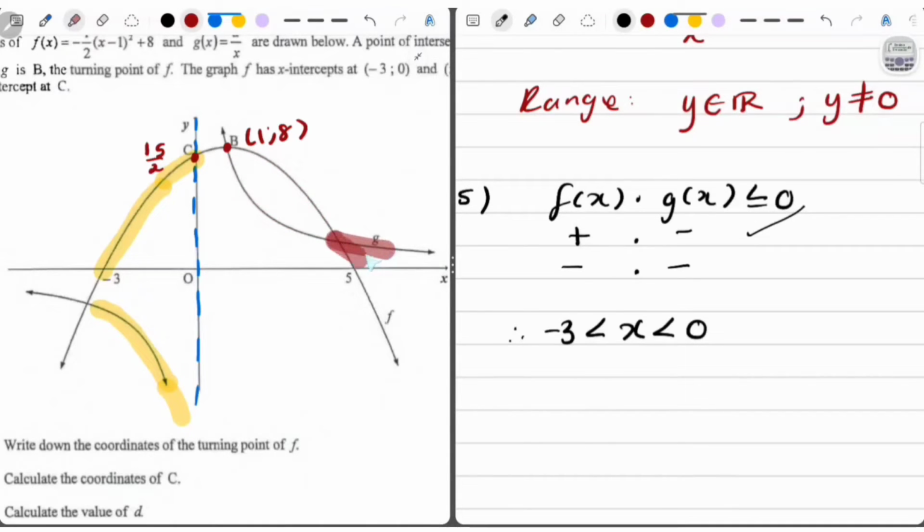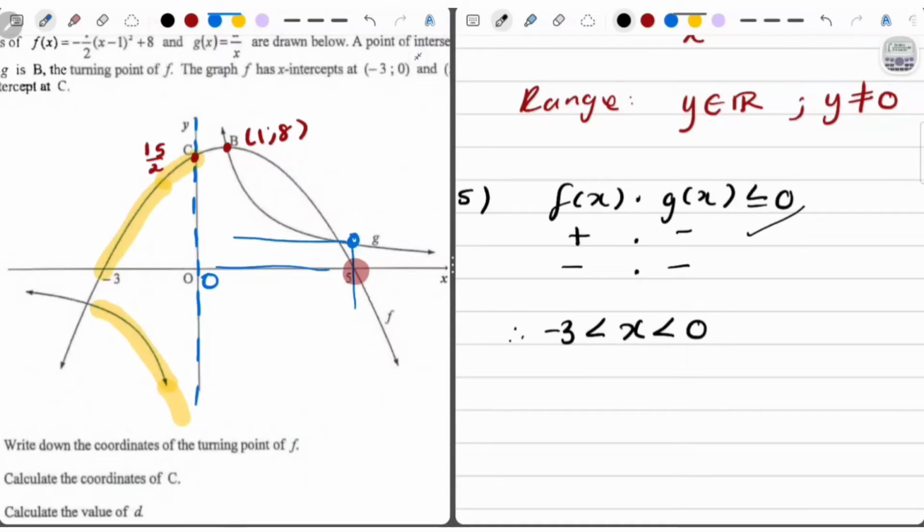We keep going here, they still have positive y values until 5. At 5, the graph, this parabola f, has a y value of 0, okay? And let's look at the graph of g for the same x value.